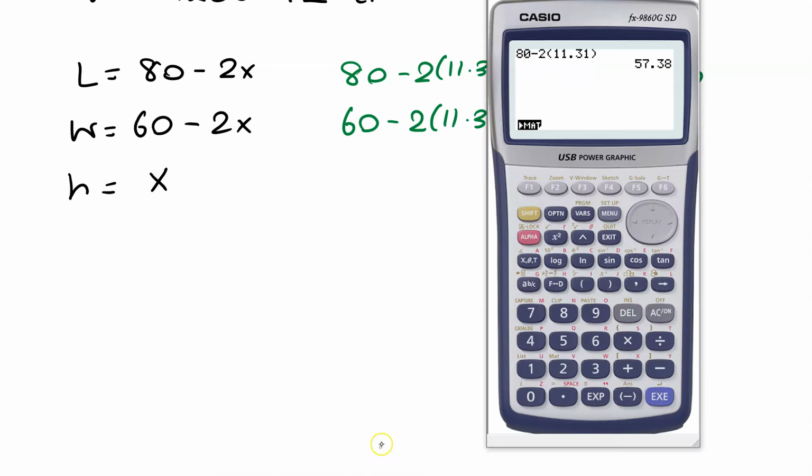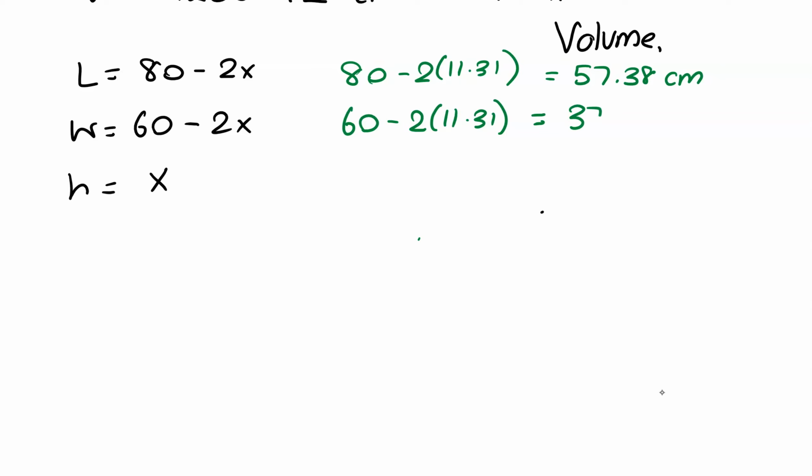Put that in my calculator as well. We get 37.38, so 37.38 centimeters, and my height was 11.31 centimeters because that's what we found for x and height equaled x.